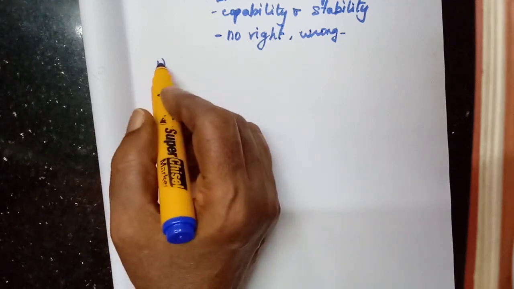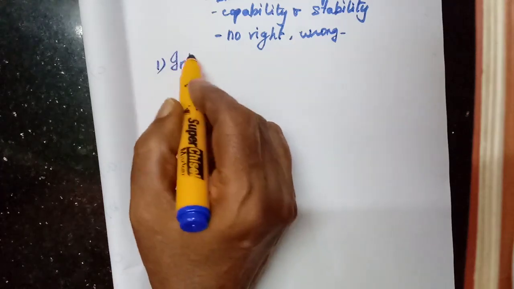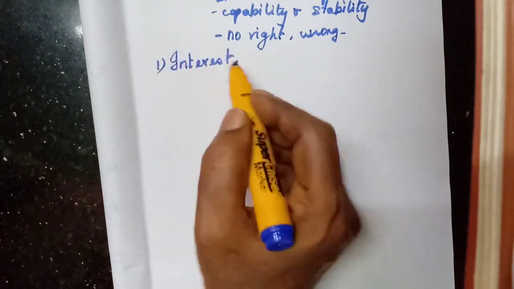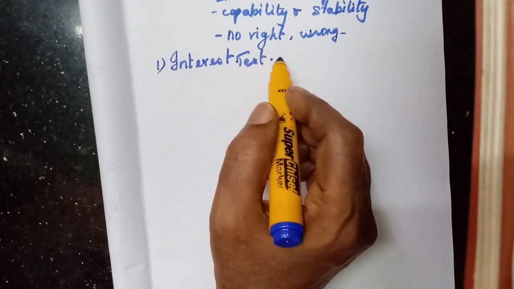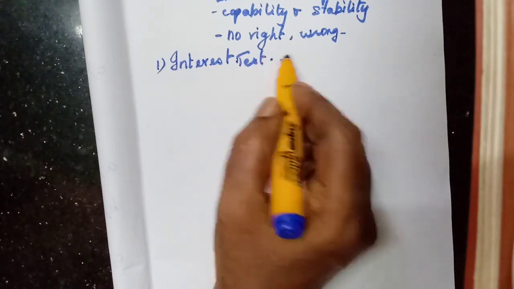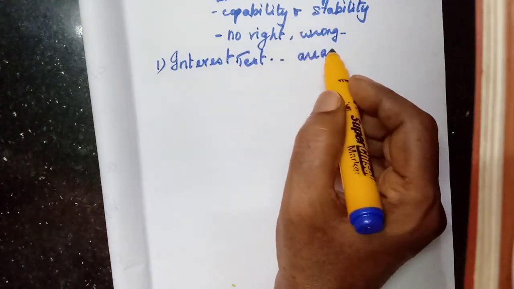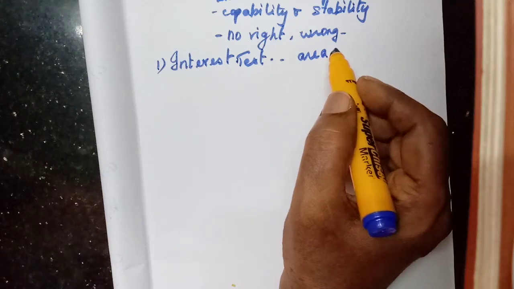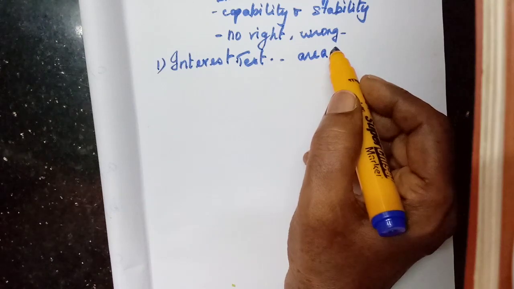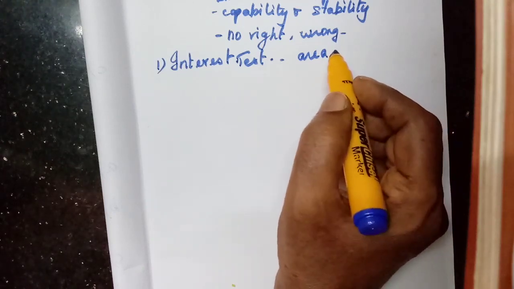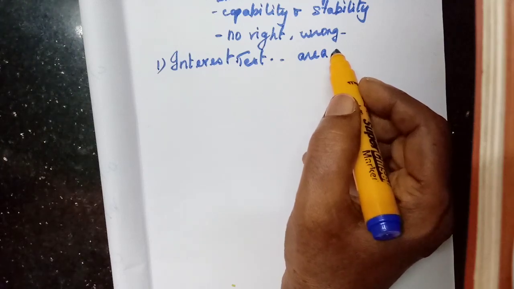The first type is the interest test. Four types are given under the personality test. First one, interest test: how much interest the candidate has in a particular area. For example, the teacher, is he interested in teaching that subject very interestingly, or is he working without any interest, just to do a job, or has he come with interest?